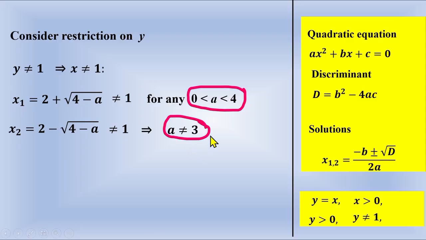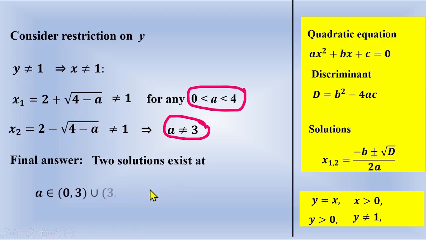So we have to combine these two inequalities to get the final answer. Two solutions exist at a, which is given by this formula. We use interval notation here. So the problem is solved completely, and this is the final answer.